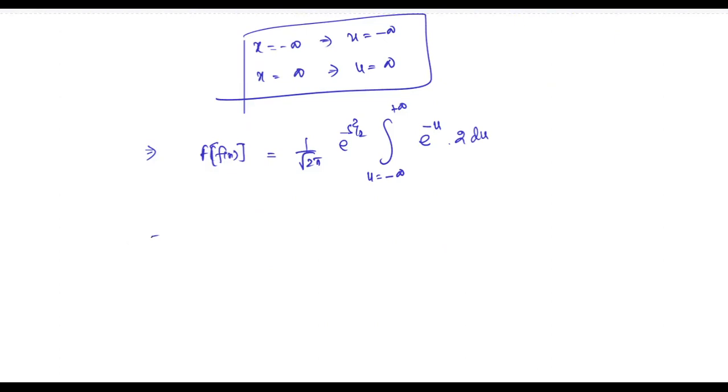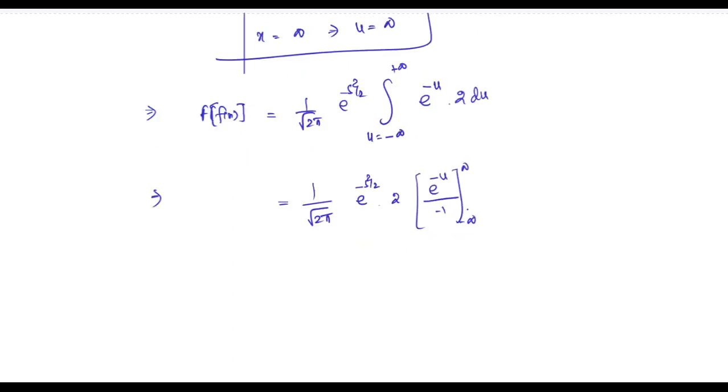So this further implies 1 divided by square root of 2 pi into e to the power minus a square by 2 into, this is simply 2, so 2 has been taken outside, and e to the power minus u, which is integrated like this. So e to the power minus u divided by the coefficient of u, which is minus 1. Okay, fine. And the limit is minus infinity to plus infinity.